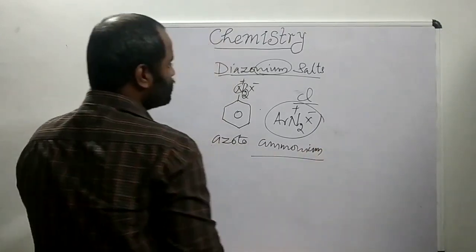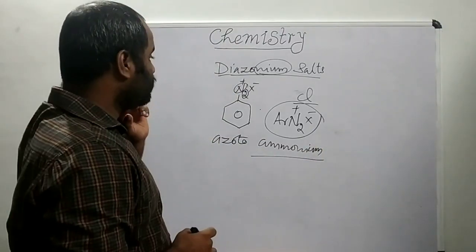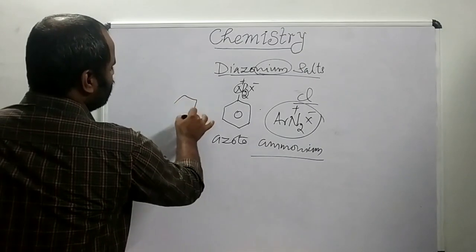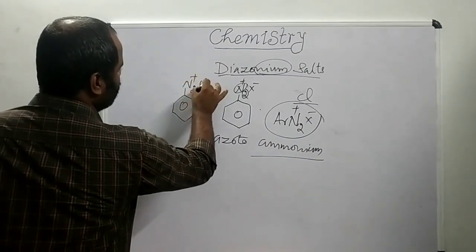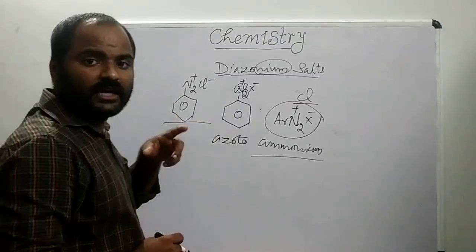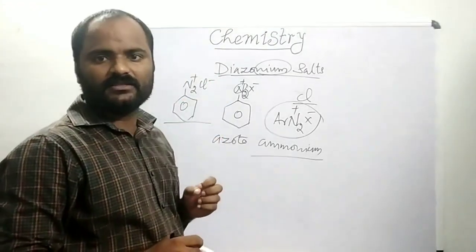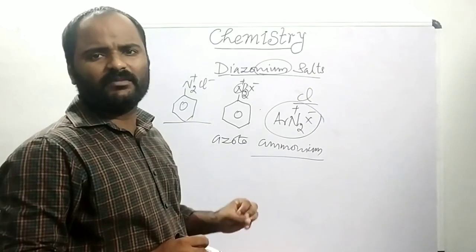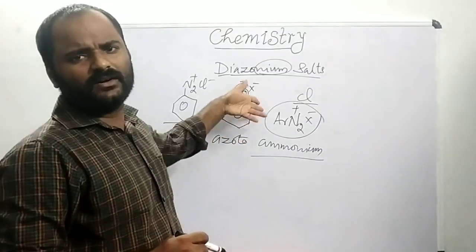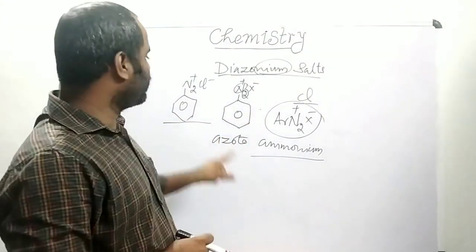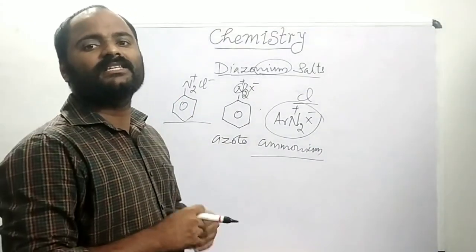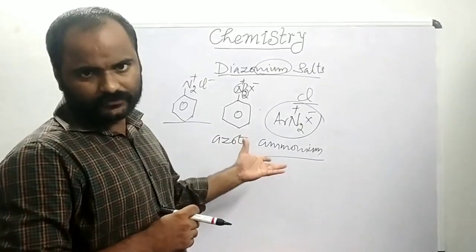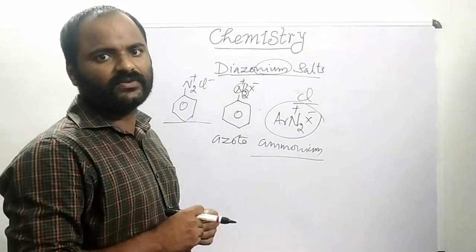So it is a diazonium salt, and our example is benzene diazonium chloride, that is Ar N2 plus Cl minus. Ar N2 plus Cl minus is our very familiar compound. The preparation we have already studied in reactions of amines.